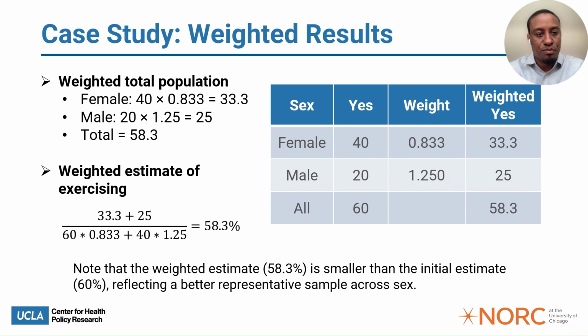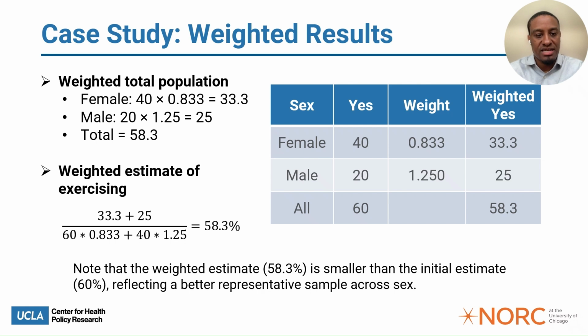So we're going to multiply 20, which is the number of men who said yes, by 1.25 to get a total of 25. So by adding 33.3 and 25, we get a total estimated of 58.3 people who are regularly exercising in this region. To get the rate, we divide by the total estimated number of people in the sample, as shown in the equation here.